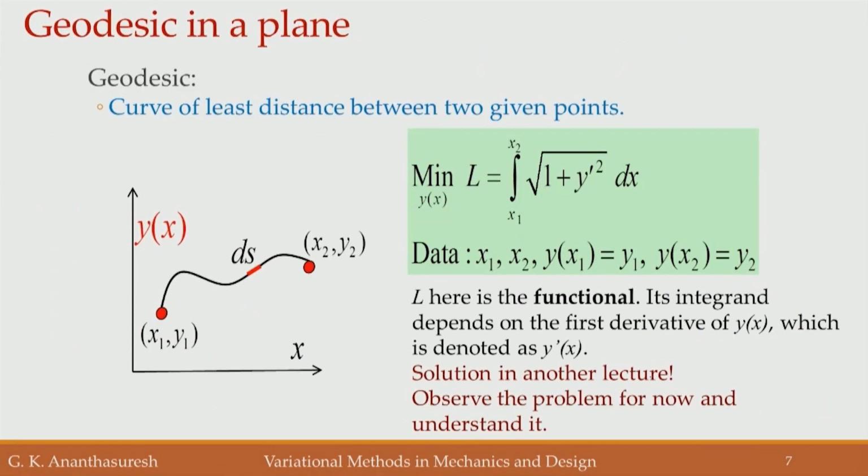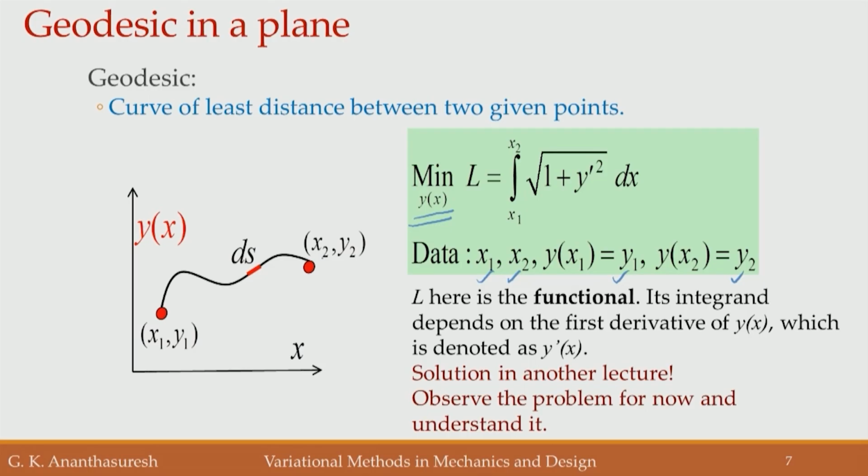So, we say this L with respect to y of x, and what is given here, the data, the two coordinates, x coordinates x1, x2 and y1, y2, that is, this point and that point are given. You need to find that curve that has the least length, and that turns out to be a straight line. Anyway, we will look at the solution much later.